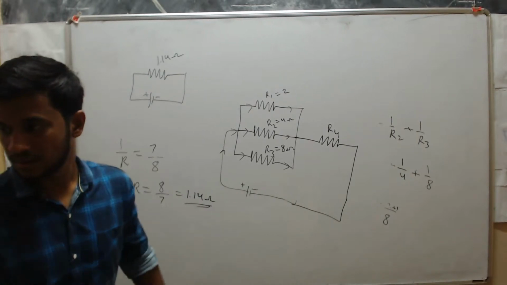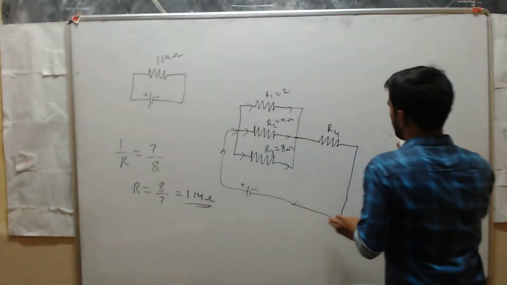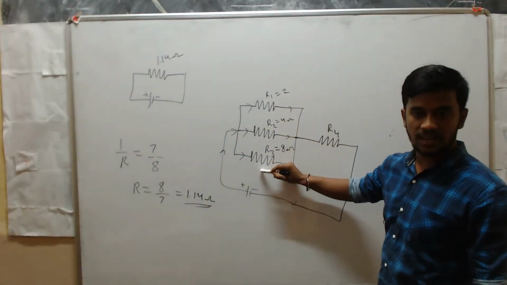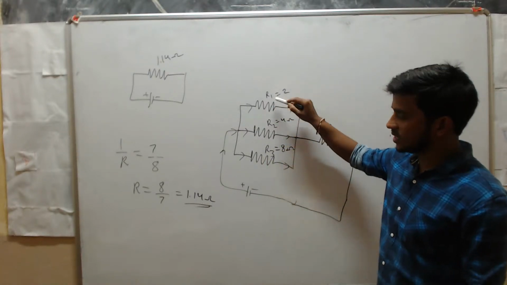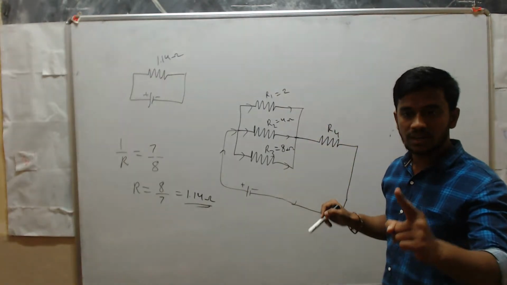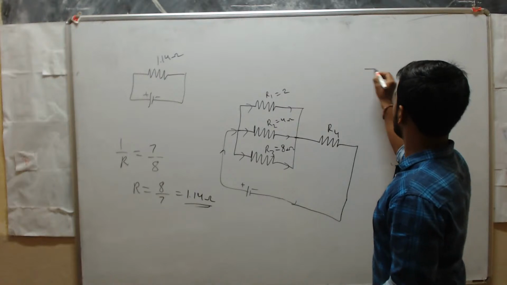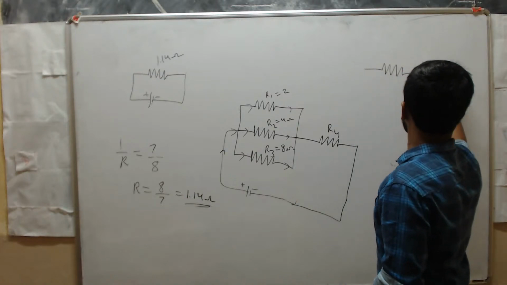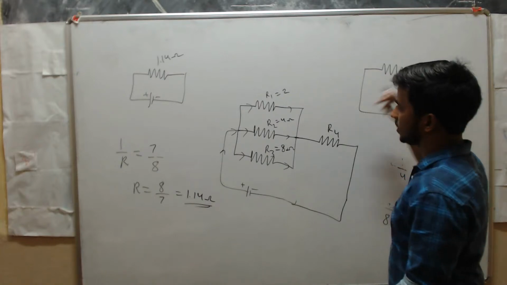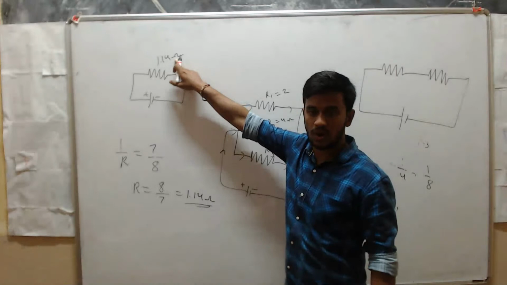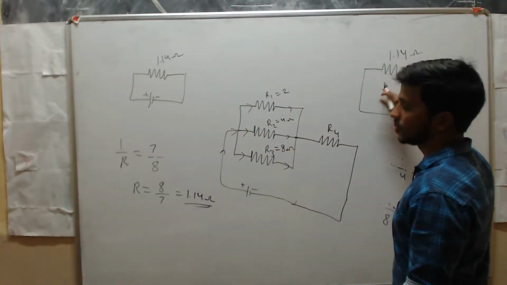See here, now these 3 resistors are in parallel. If you solve these 3 resistors, it will become one, right? We can redraw this circuit like this. We solved it and got the answer 1.14, right? So now the value of this resistor is 1.14 ohm.